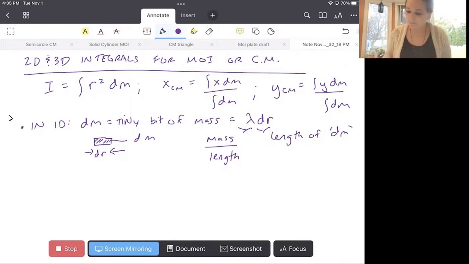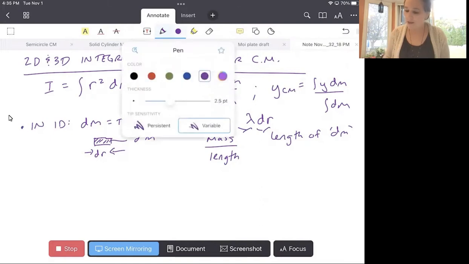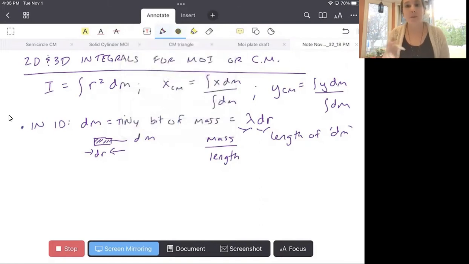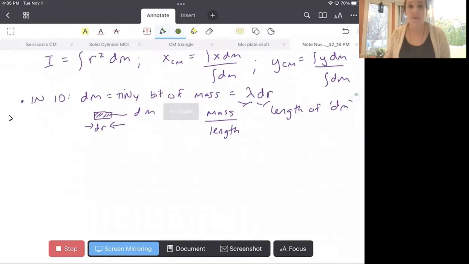In 2D and 3D, the problem with these integrals very often is figuring out what to use for dm. And a lot of times that's going to be informed by the symmetry. Once you decide what to use for dm, then correctly drawing your r squared or your x or your y in these integrals will allow you to solve that correctly.